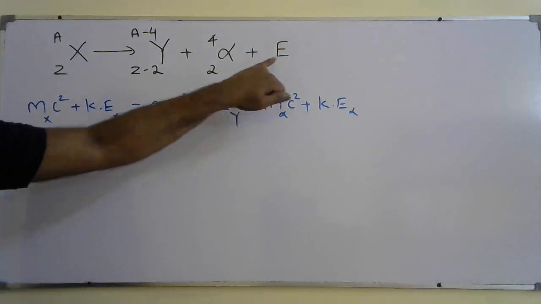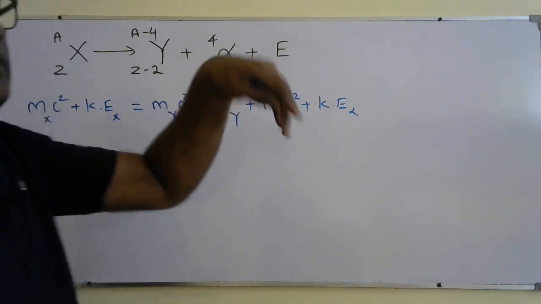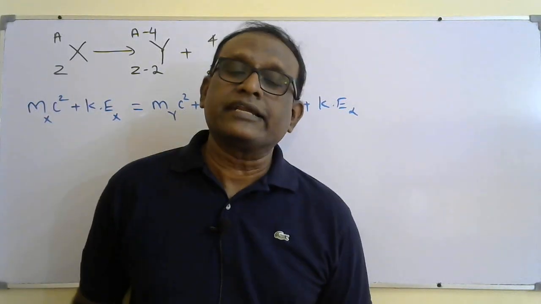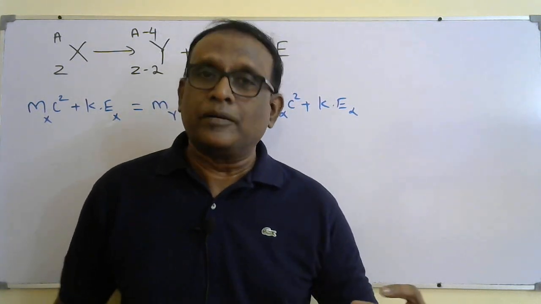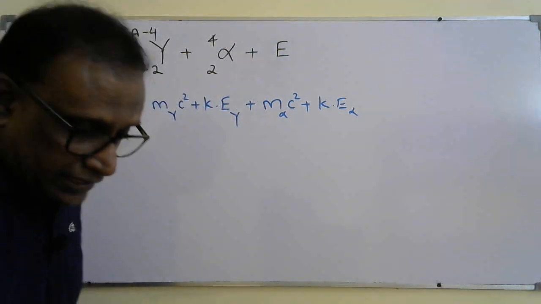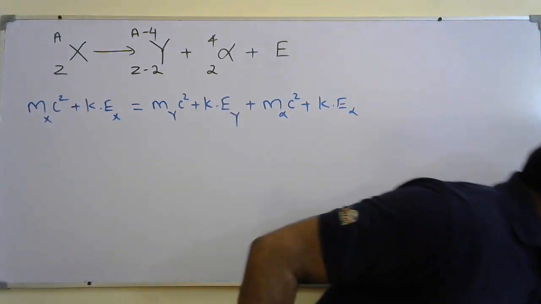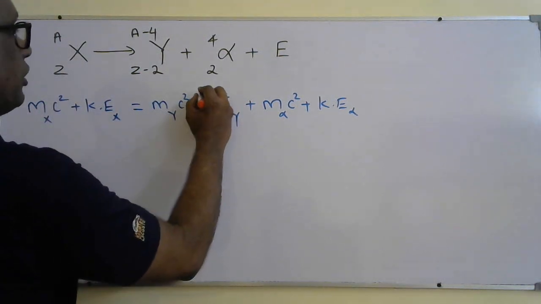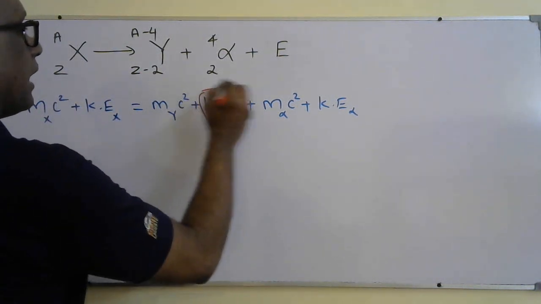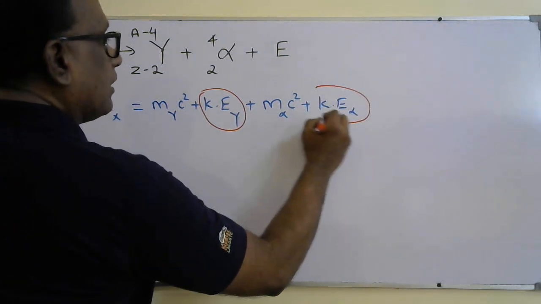So here what do we put, like capital E? We normally say that is the energy release during radioactive decay. What type of energy release? Only the kinetic energy of both the alpha particle and the daughter nucleus. This is the kinetic energy of Y and the kinetic energy of alpha.